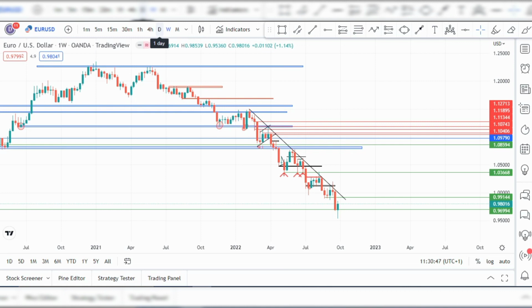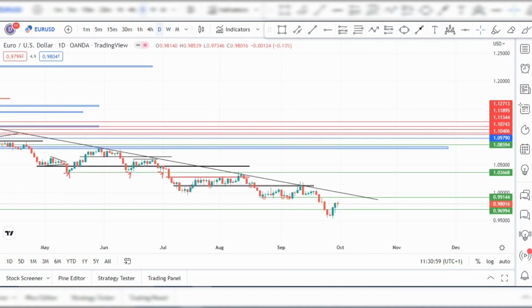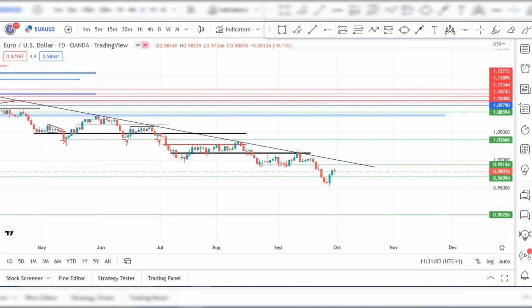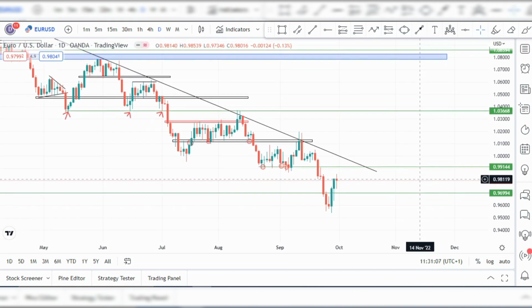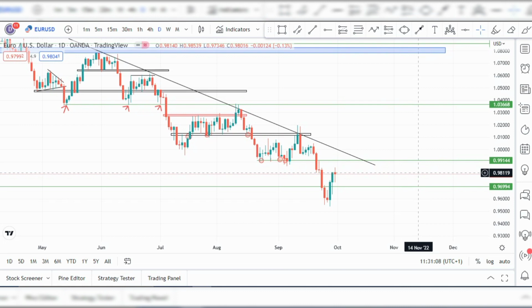Now the question is, where will this retracement end, and where will we start looking for our sell signal? That is where the use of the Fibonacci retracement comes in. That's what gives us a good idea of where a possible reversal would be.